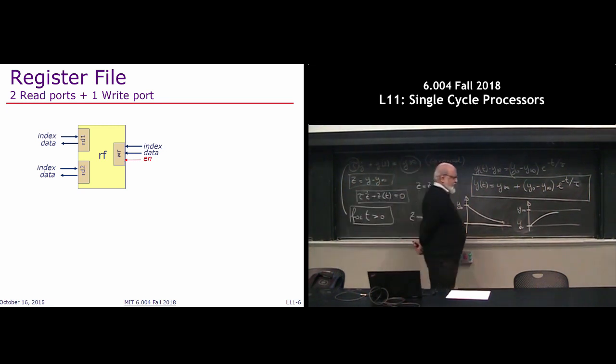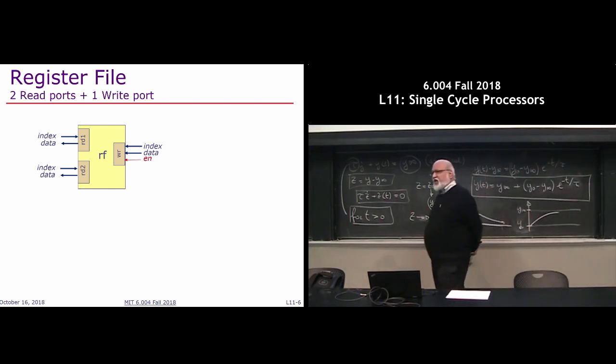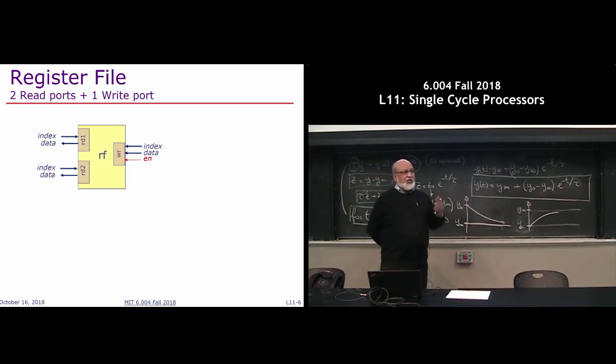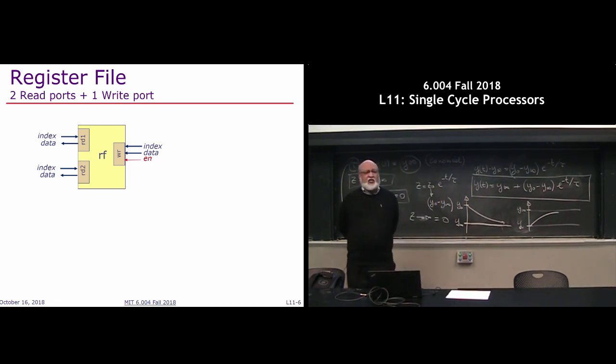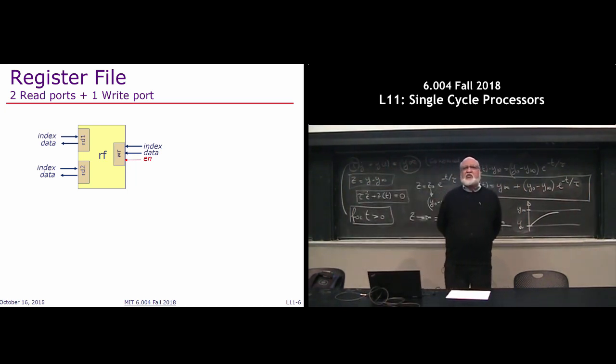Now we come to the next component, which is also very important in machines, and that is called a register file. As the name implies, it's nothing but a bunch of registers, which you are quite familiar with. The only difference is here all the registers are going to be controlled by the same enable signal.